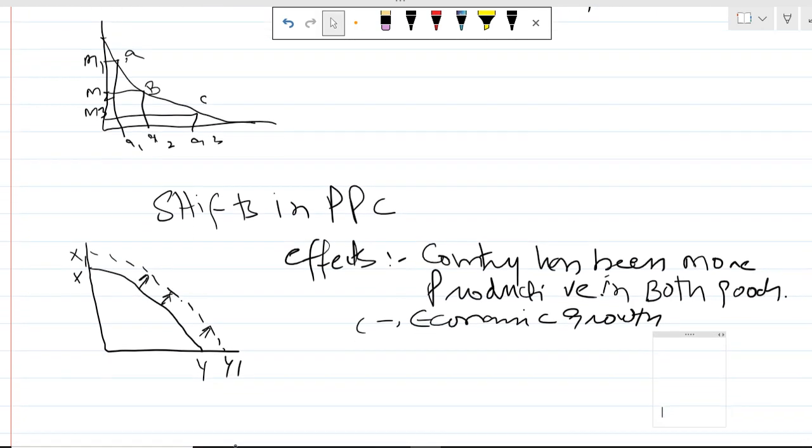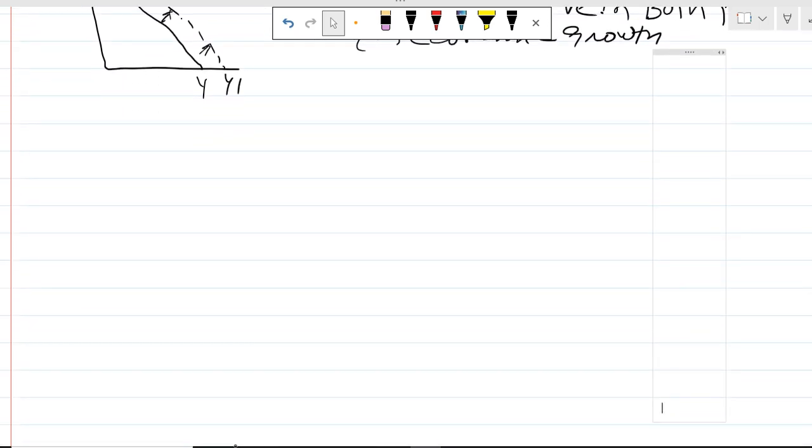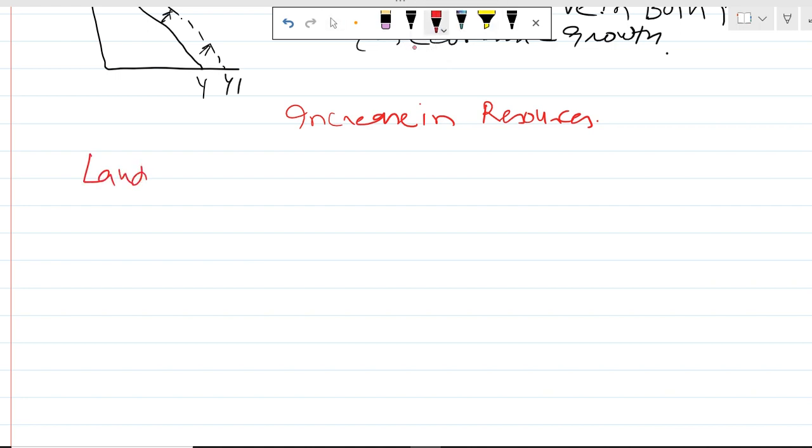Now we discuss the increase in resources: how many types of increase in resources there are and how the resources can be increased. We know that there are FOPs, so an increase in FOPs, for example land, capital and labor.